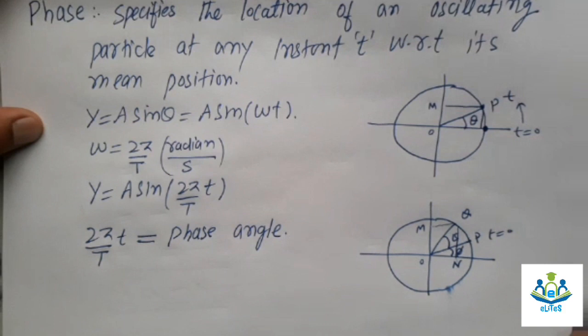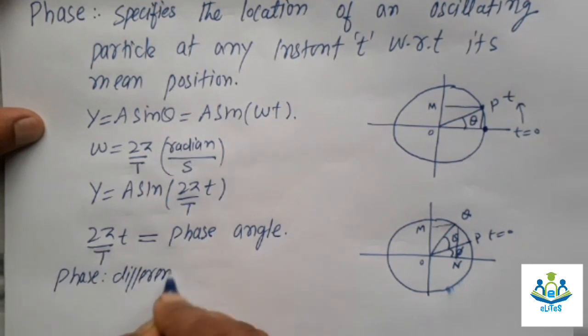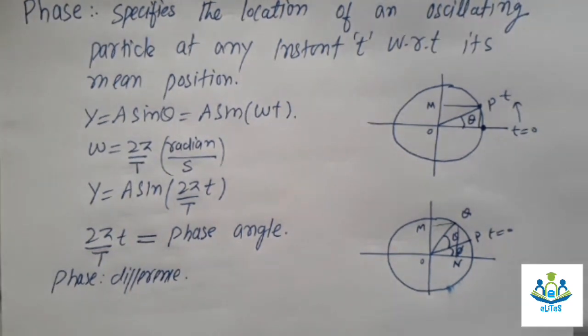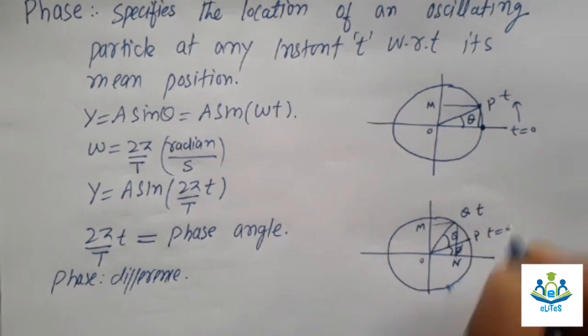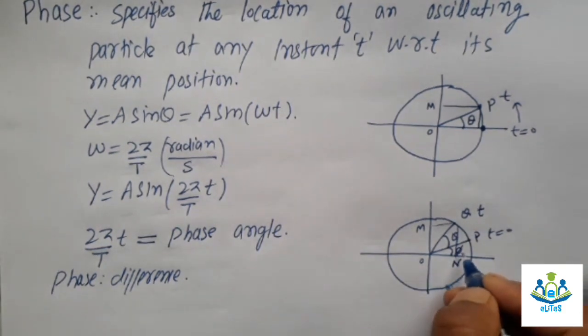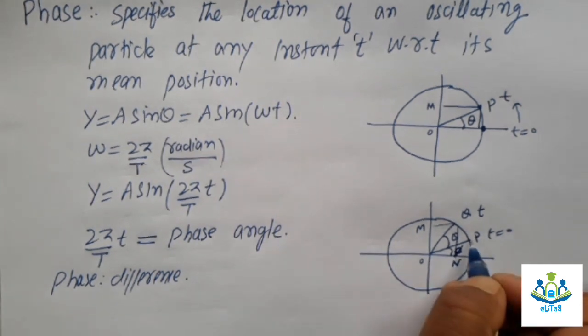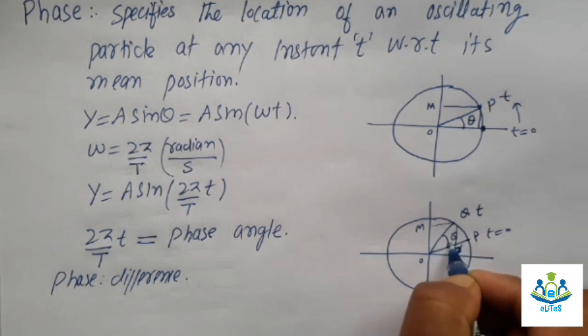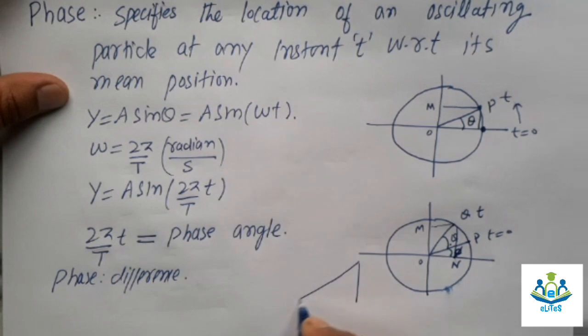Now what is phase difference? Let's consider this particle at P when t is 0, and after time t it moves to Q. Initially it is at angle phi when t is 0. Now from P it moves to Q, making angle theta. So what is the displacement? Here we have a different angle.